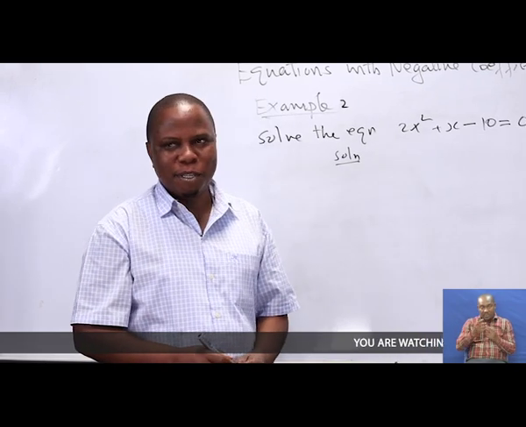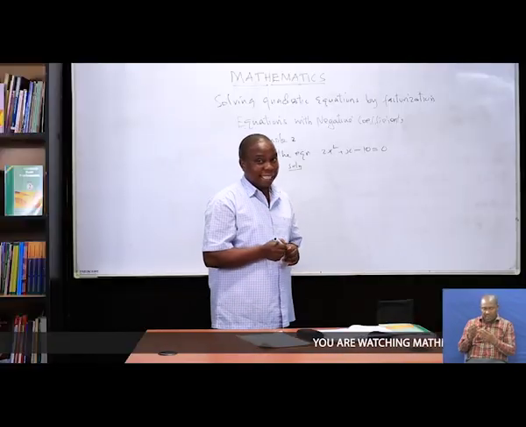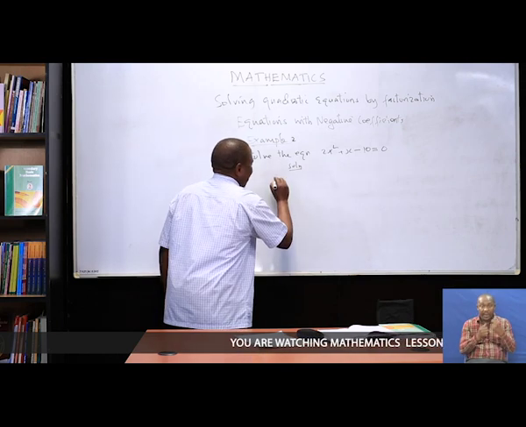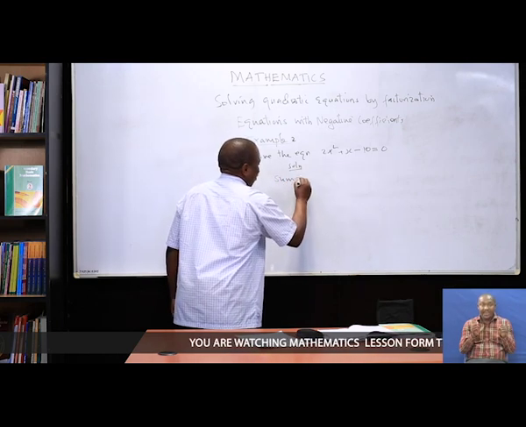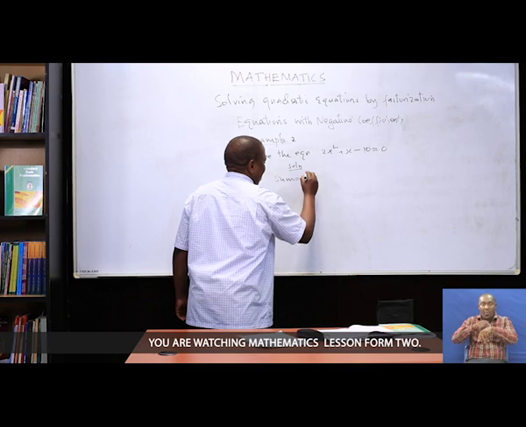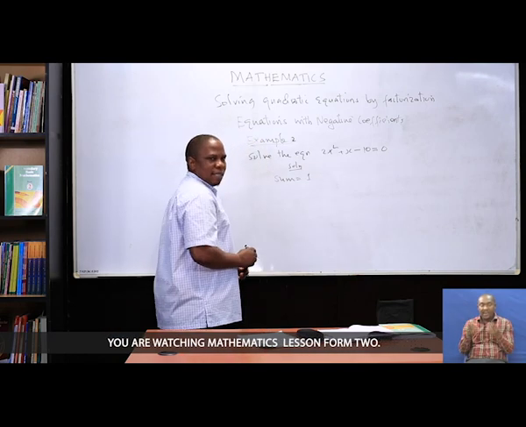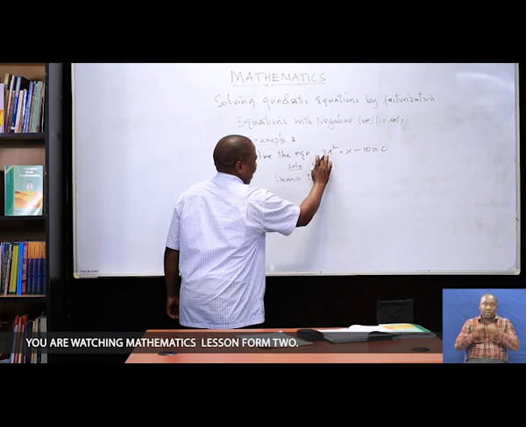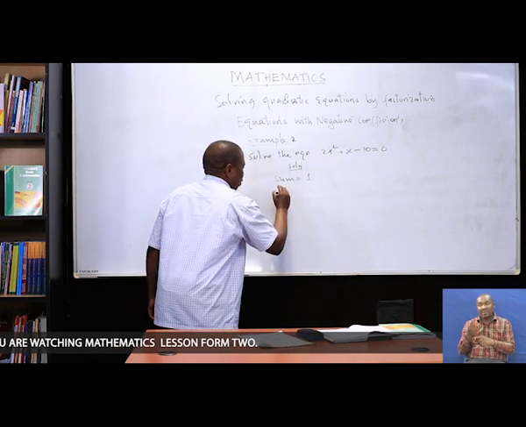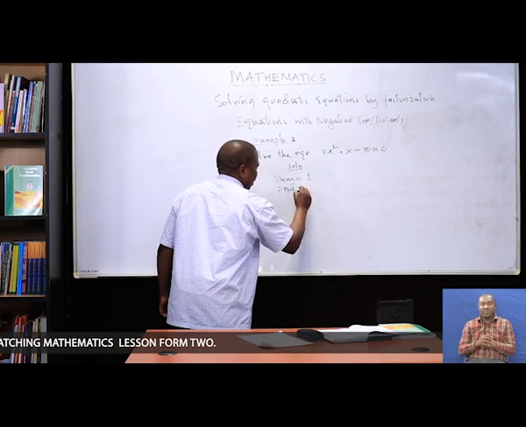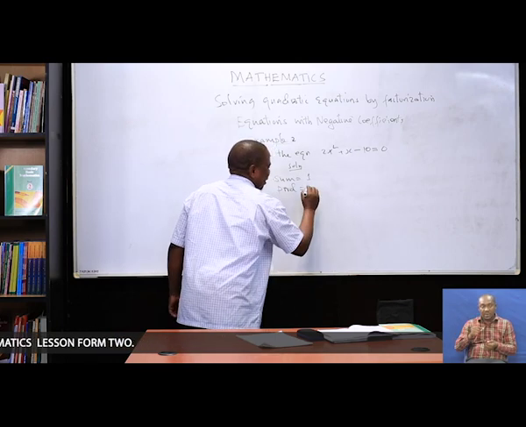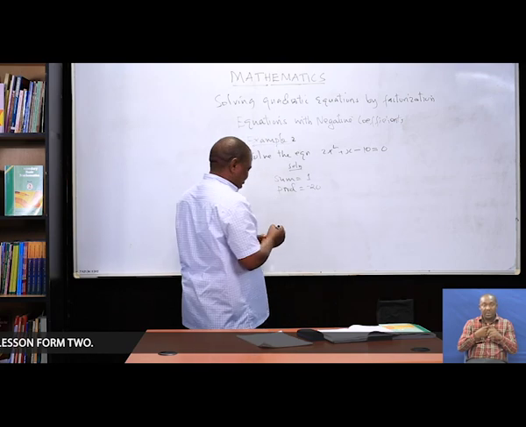I don't know how 1 can be split. But bear in mind that we need two terms whose sum should be equal to the coefficient of the middle term, that is 1, and whose product should be equal to 2 times negative 10, that is negative 20.